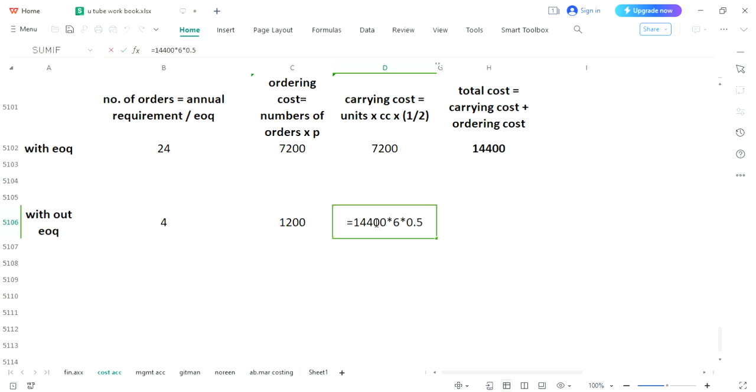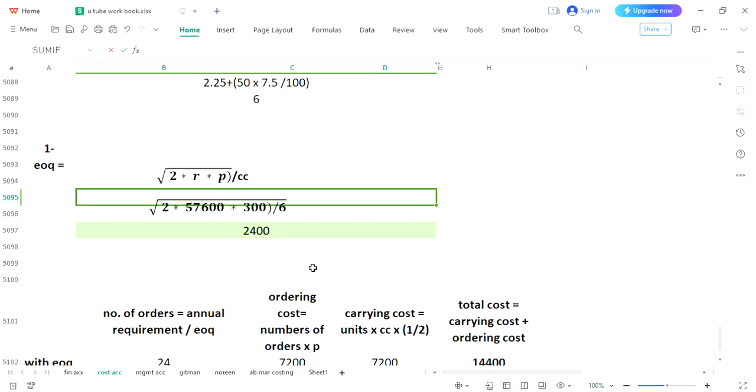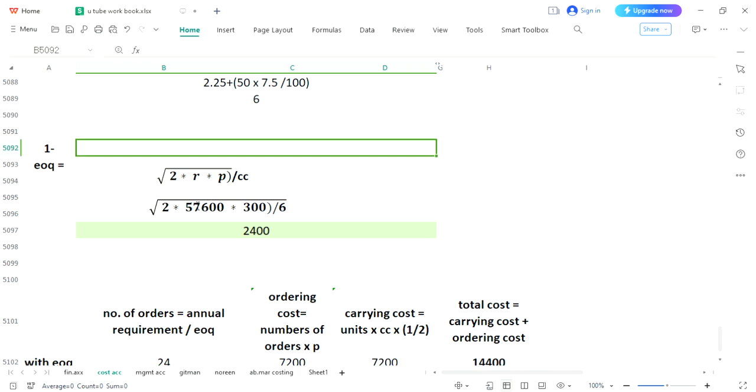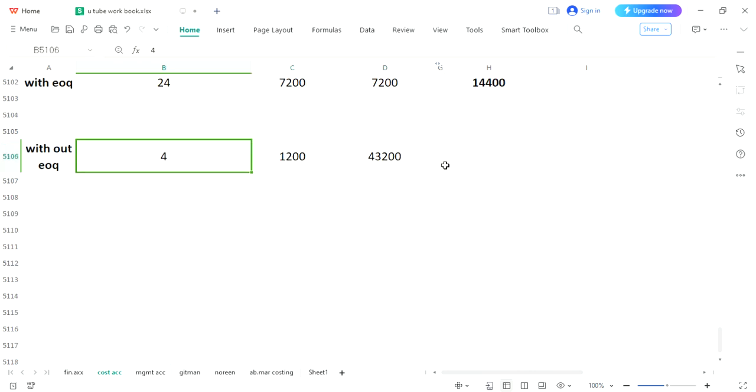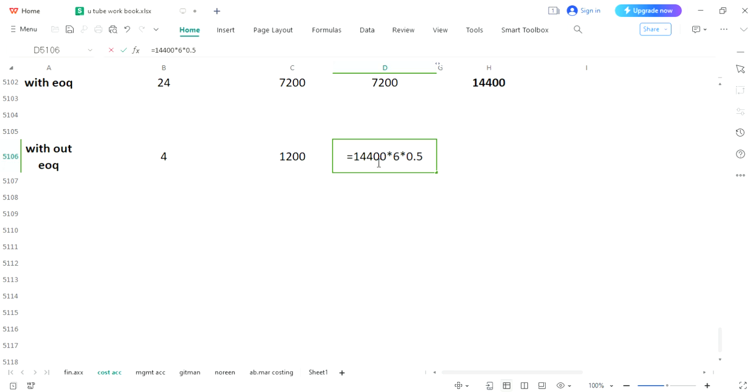14,400, and you will give 4 orders in a year, and our annual requirement was, look over here, 57,600. So please make your mind what I am trying to say. 14,400 would be carried for one order, and you are giving 4 orders in the absence of economic order quantity.